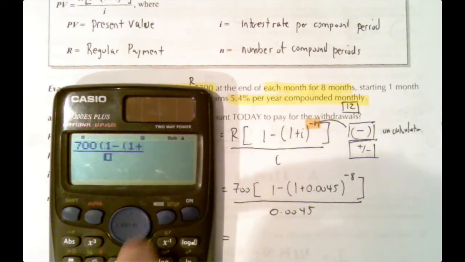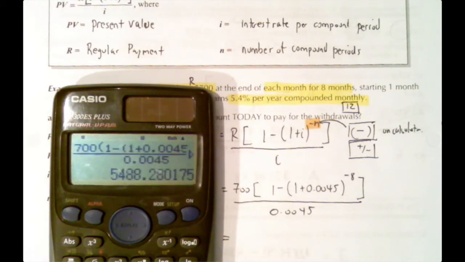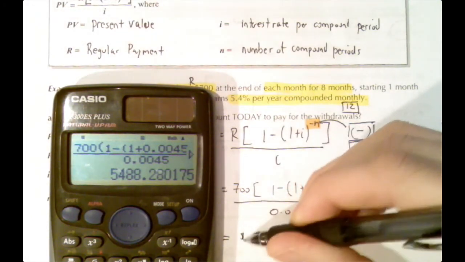There we go. That should solve it. 0.0045. Close bracket. Exponent, negative 8. Close bracket. 0.0045. Hey! $5,488.28.